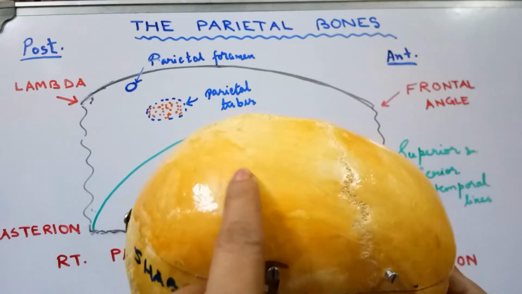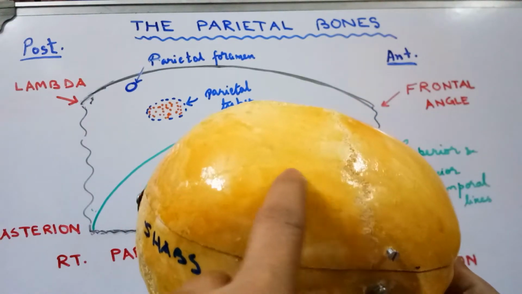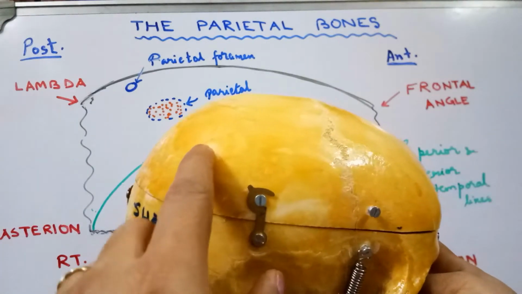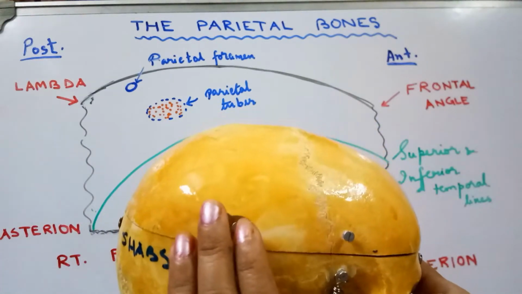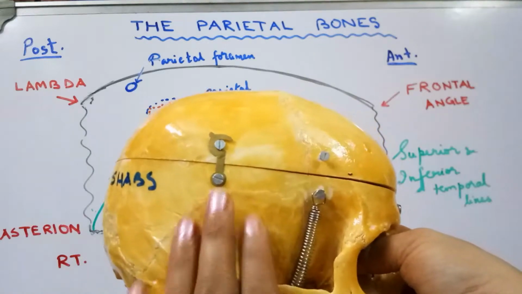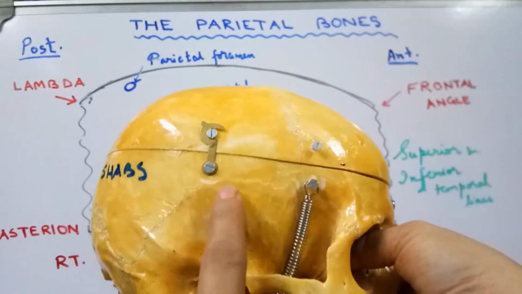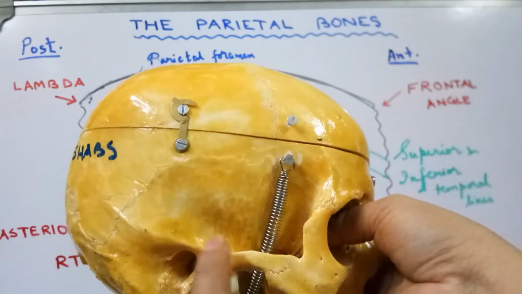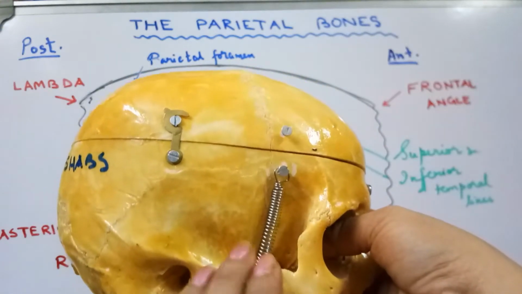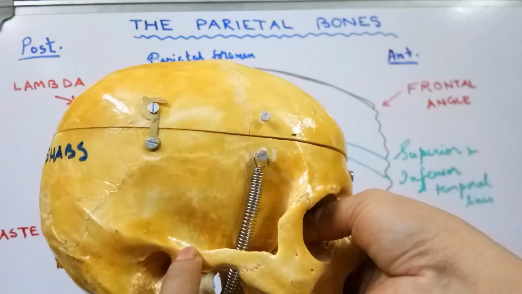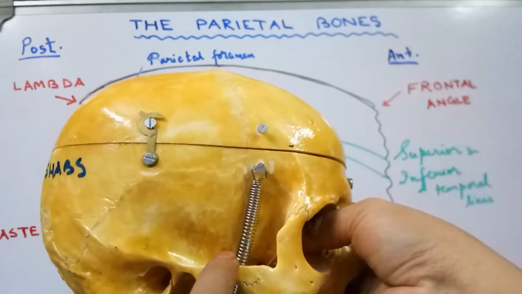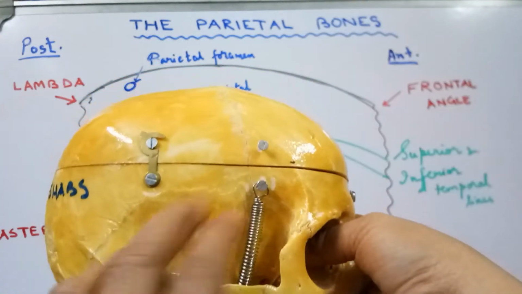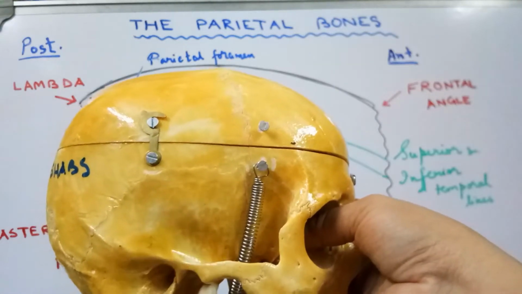This epicranial aponeurosis will be attached to the superior temporal line, and then it goes further downwards external to the temporal fascia, and gains attachment to the upper border of the zygomatic process. So from outside inwards, we have the epicranial aponeurosis, and inner to that we have the temporal fascia with the temporalis muscle.